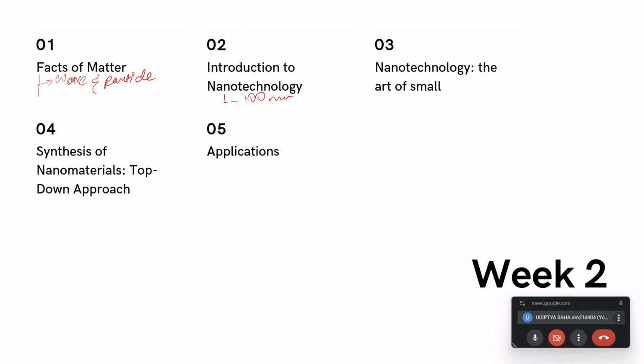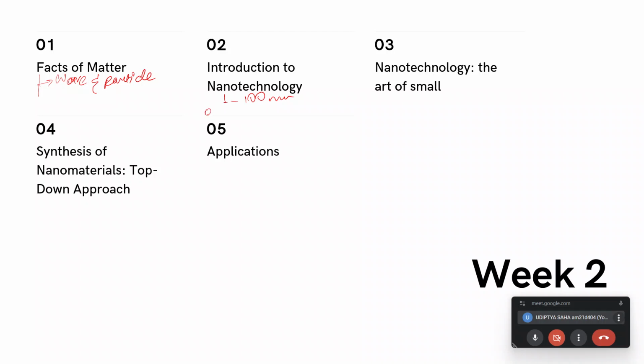So we understood the different types of nanomaterials, and then the properties of nanomaterials, and their classification.